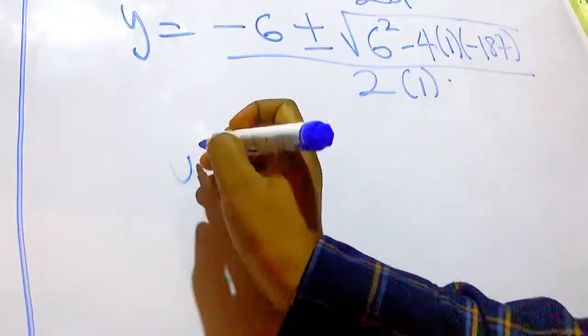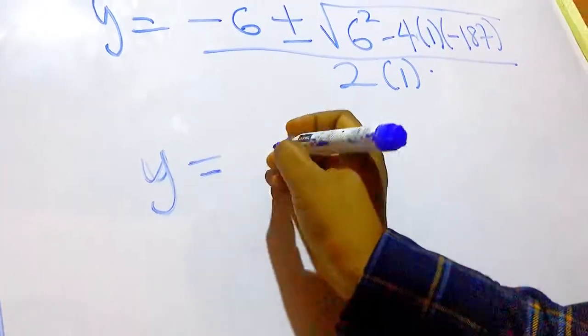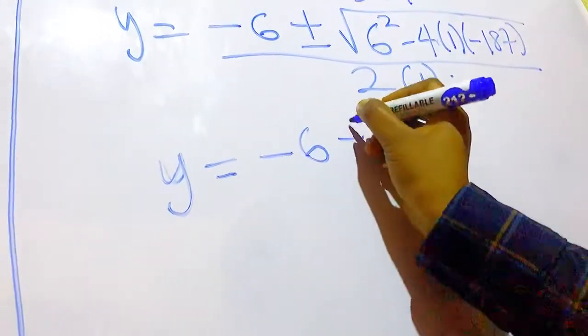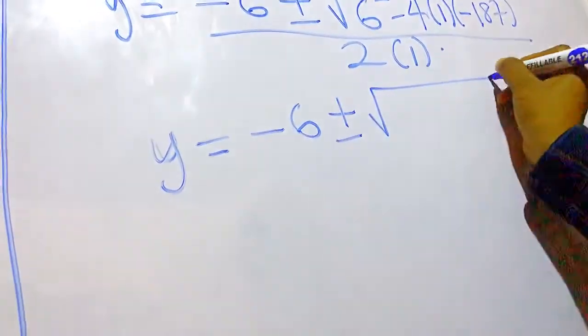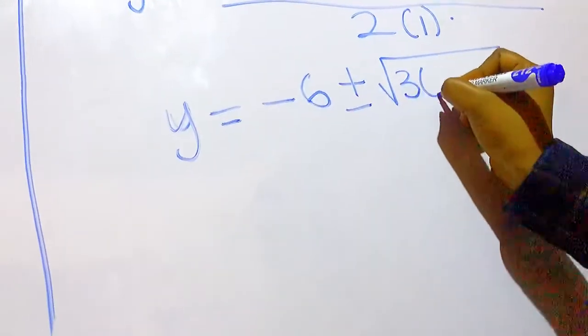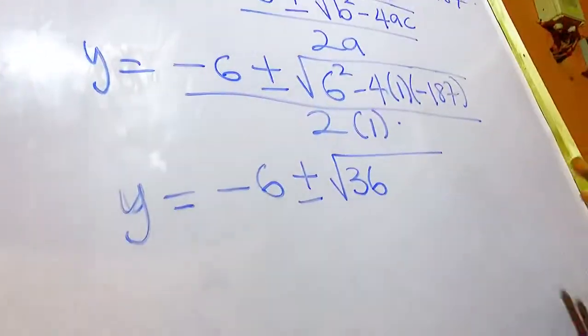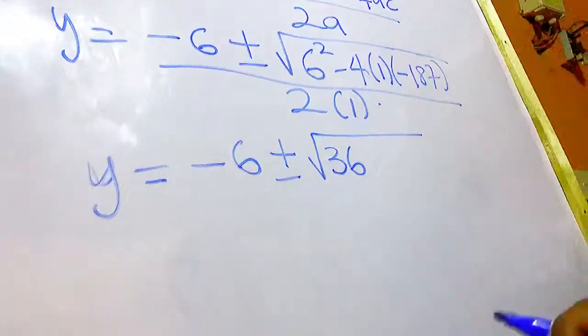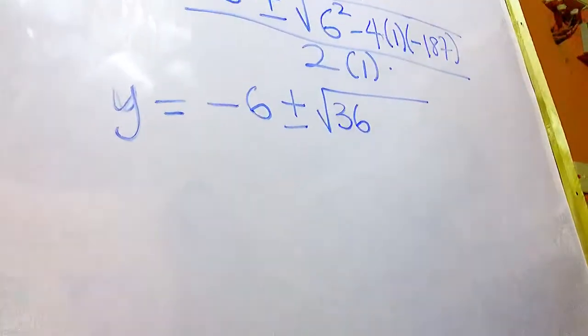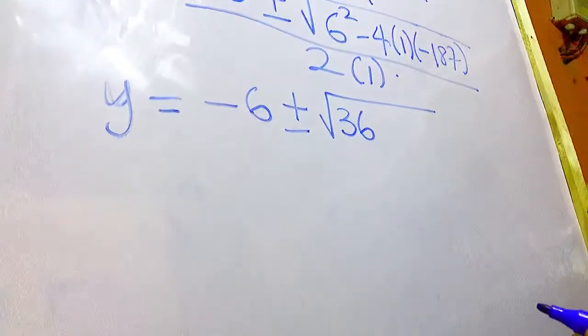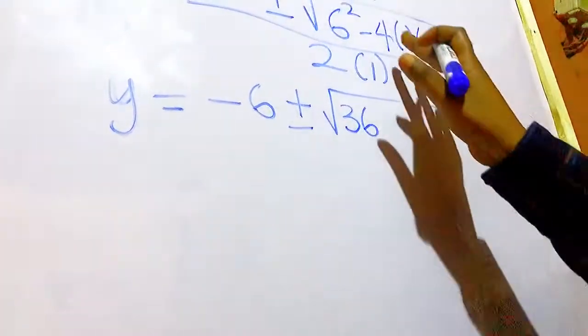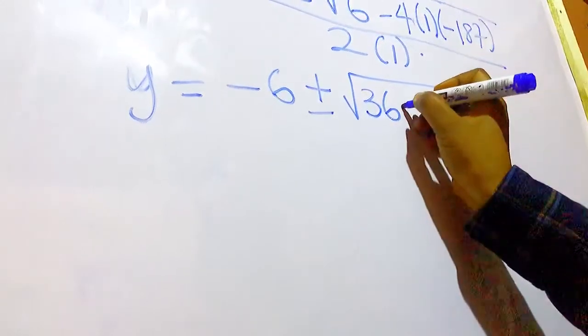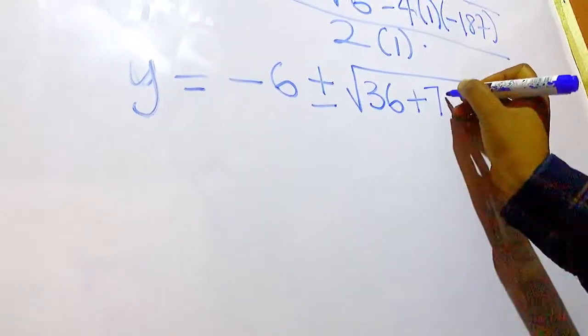So y will now be equal to minus 6 plus or minus square root of 36, then minus 4 multiplied by 1 gives minus 4, multiplied by minus 187. So 4 multiplied by 187 is equal to 748, and minus times minus gives plus 748.